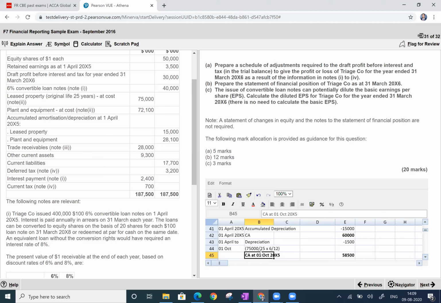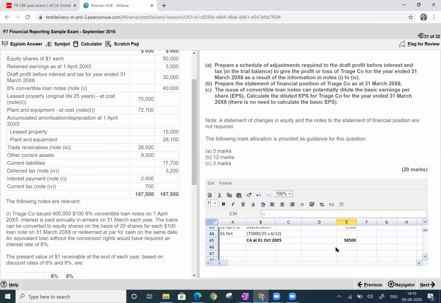Okay, done. Yes, Sohail, you can do that. So carrying amount equal to 58,500.